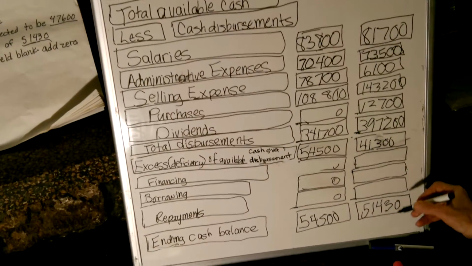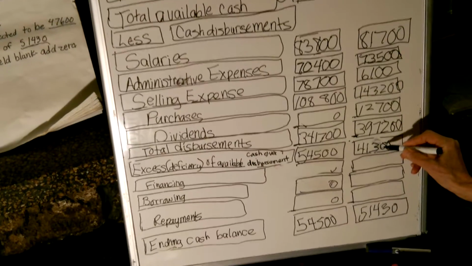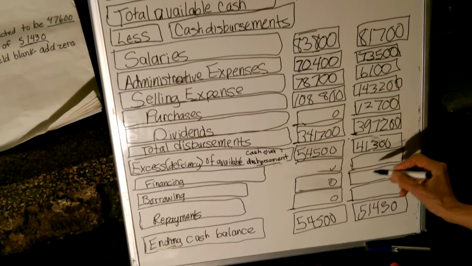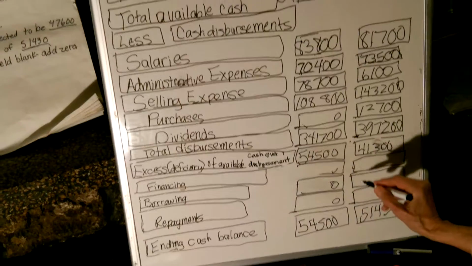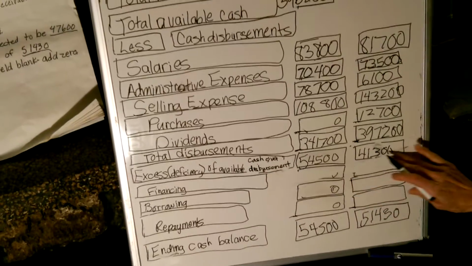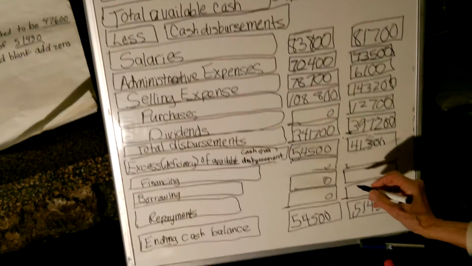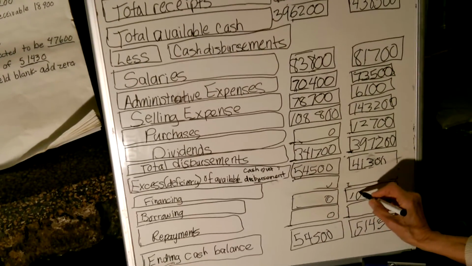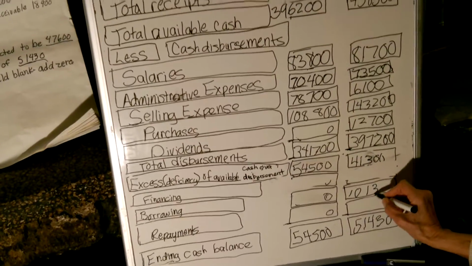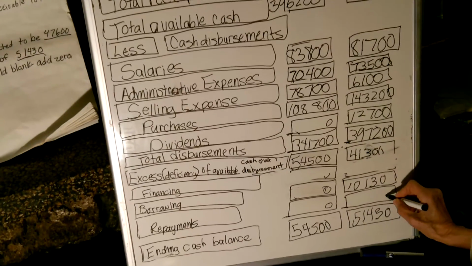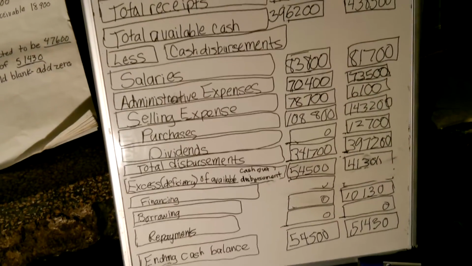Then we subtract the 41,300 from the 51,430 to find out how much financing we have to do. So we have to finance. We put it under borrowing. We have to borrow $10,130. Then we put 0 there. That is the end of the video.